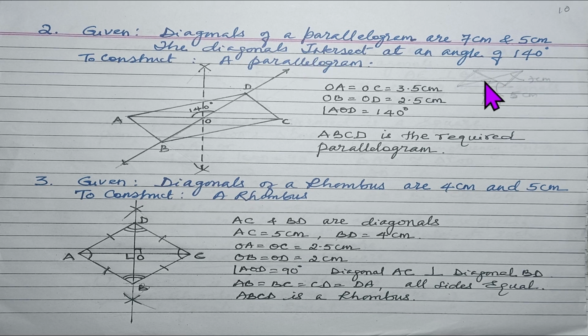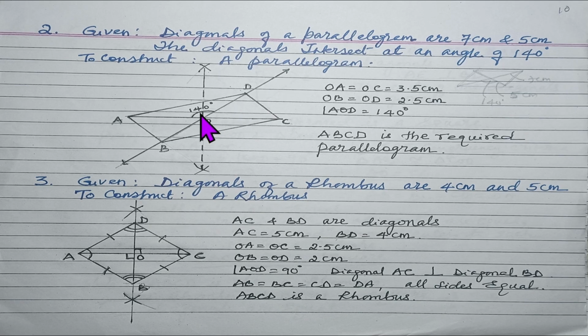For that, first of all, let us draw the diagonal AC, and AC, as you know, is 7 centimeters. Now draw a perpendicular bisector to AC to locate the midpoint O, so that OA and OC are equal, OA is 3.5 and OC is also 3.5 centimeters.